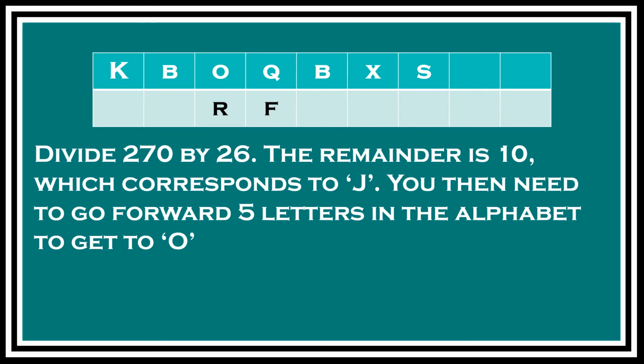Divide that by 26, we get a remainder of 10, and the 10th letter of the alphabet is J, but R actually is encoded to O, so we need to get from J to O, which means moving forward 5 letters in the alphabet. So that tells us that the Caesar shift is 5.